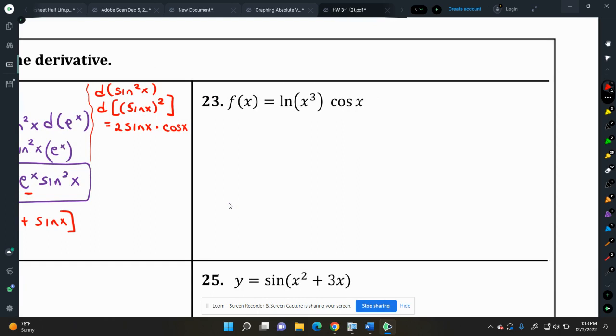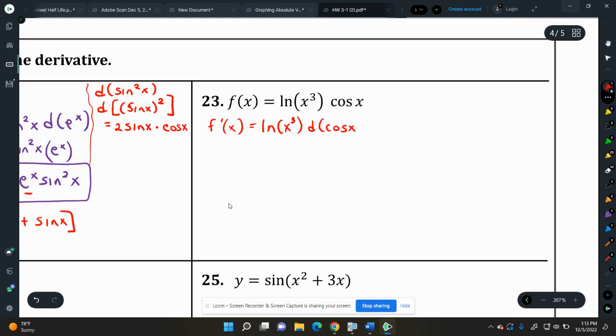Okay. So this is a product rule again. Yay. F prime of x: the first times the derivative of the second plus the second times the derivative of the first.